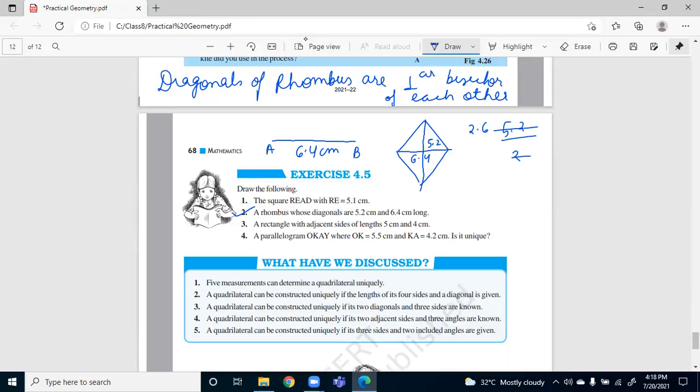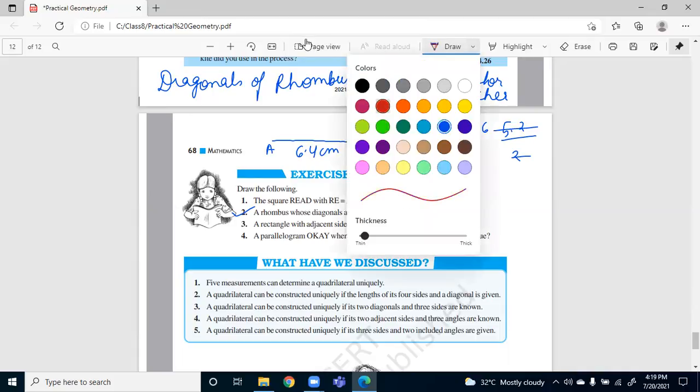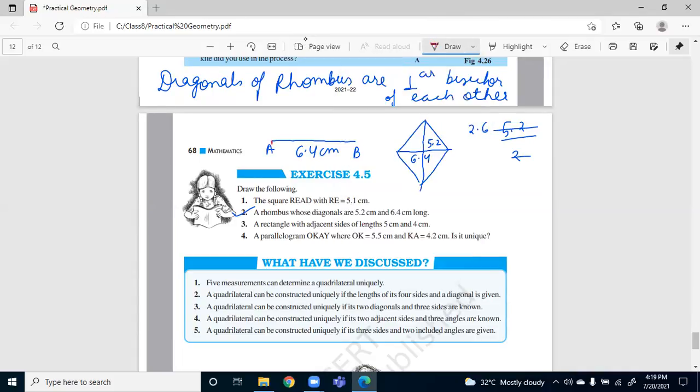This is the first step. After that, I will put the needle of the compass at point A and open the compass for more than half of AB, and I will make 2 arcs on both sides of AB.